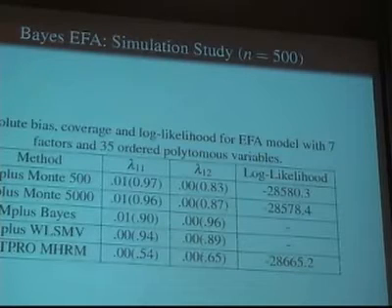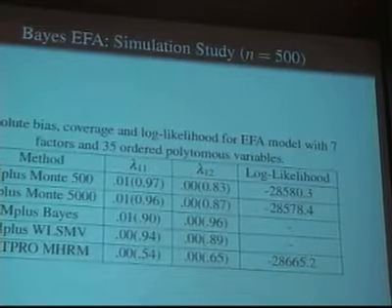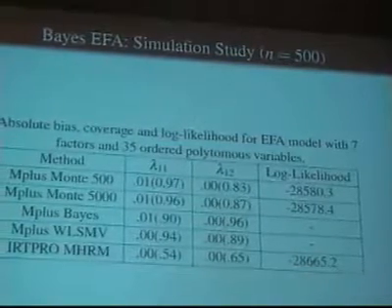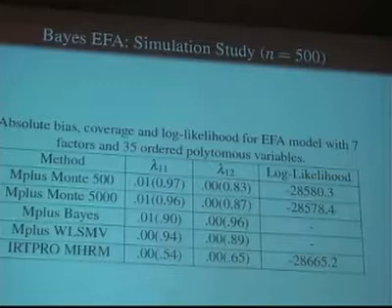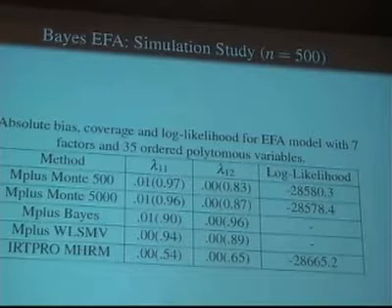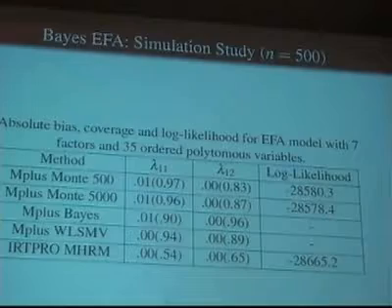Here's a quick simulation that we conducted to evaluate the performance of this Bayes EFA estimator. We have an EFA model with 7 factors and 35 ordered polytomous variables. The model is pretty symmetric. It just has 5 indicators for each of these 7 factors.